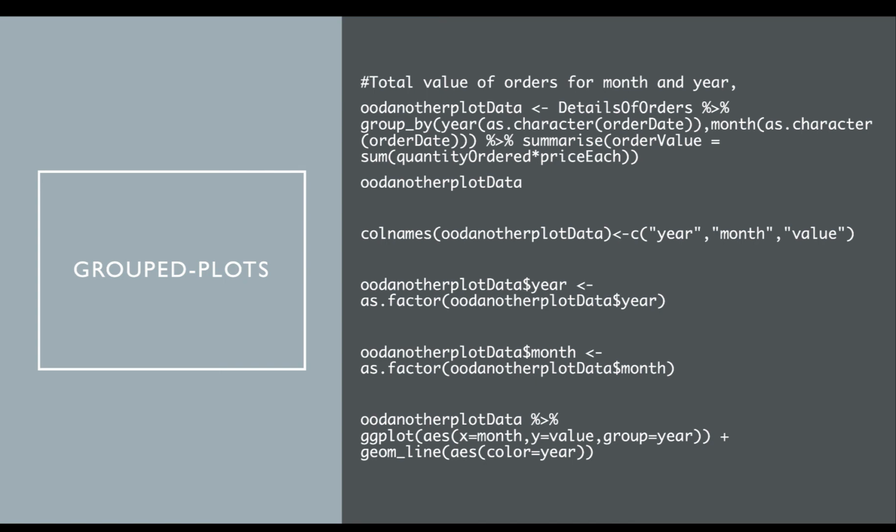the previous summarization. In this case, instead of just two columns, we have three columns: year, month, and value, where there are multiple levels of aggregation being used in the group by clause and the summarization.